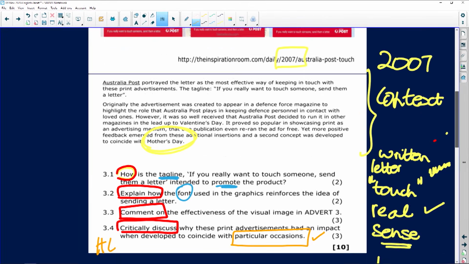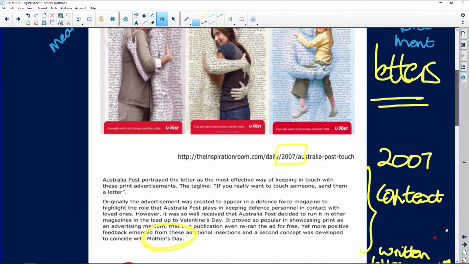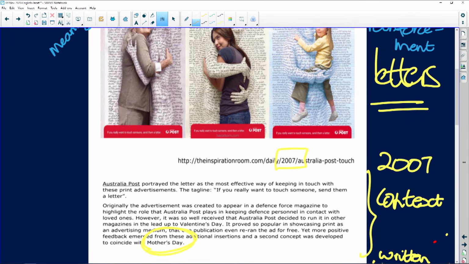Why the impact? Say something like, Valentine's Day, people do like to receive cards and chocolates and, well, cards. You know how expensive Valentine's cards are. So, of course, it's going to have an impact. You're going to have all these adverts suggesting that your real love, your romantic love, will be shown to your darling of your heart if you send a letter.